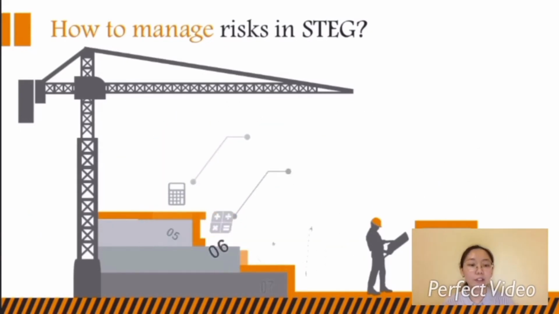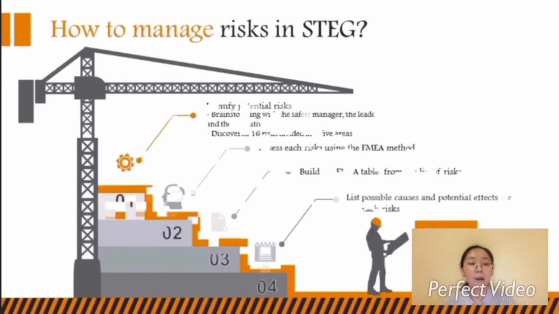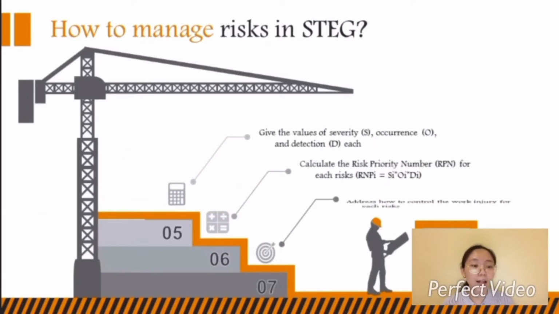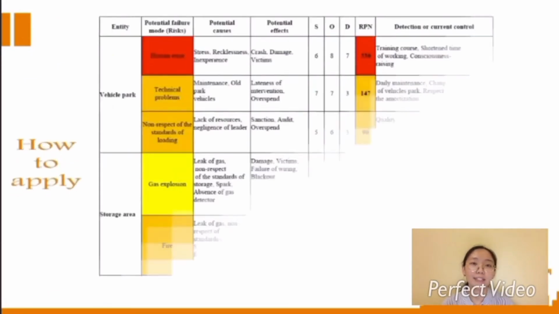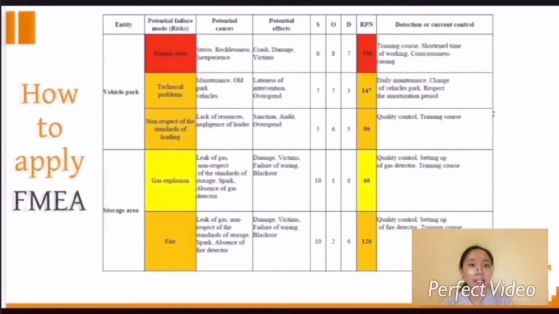After that you calculate the risk priority number by multiplying the S, O, and D values. Finally, you could address how to control and overcome this problem, this work injury, this risk in the company, right?